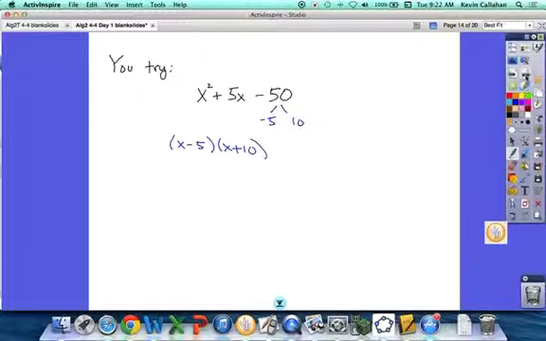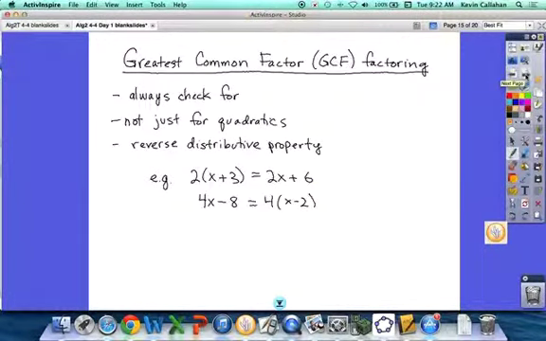I think the next is, am I in the right slides here? Yeah. Okay, the greatest common factor factoring. We struggle with this more than we should, and the thing is, it's really important. Every time you factor, when you're presented with an expression, this is the first thing you should think about.